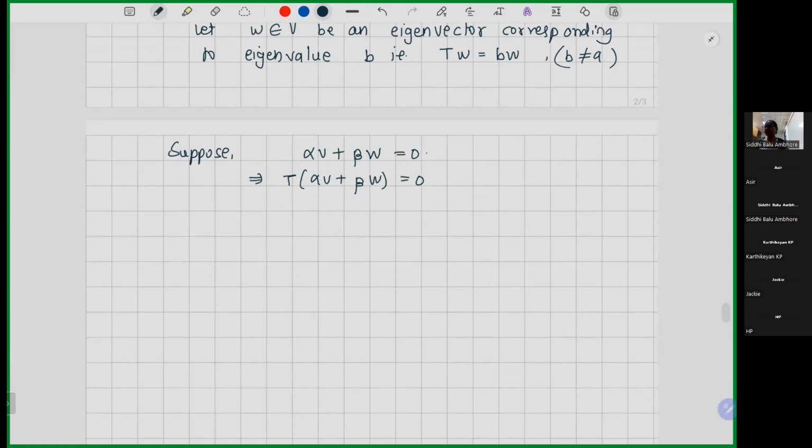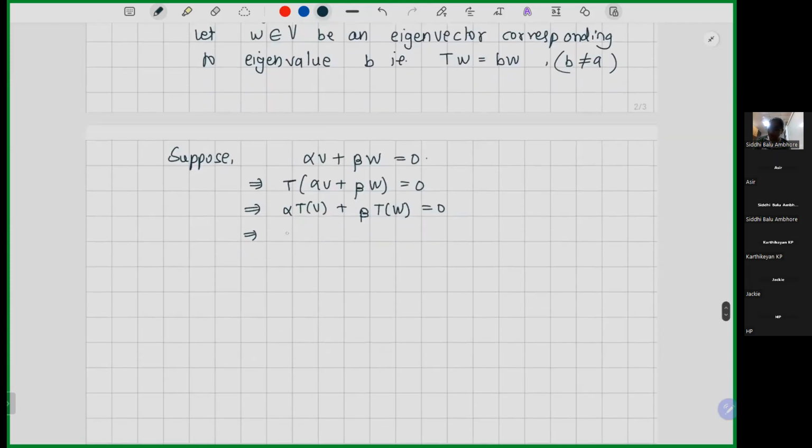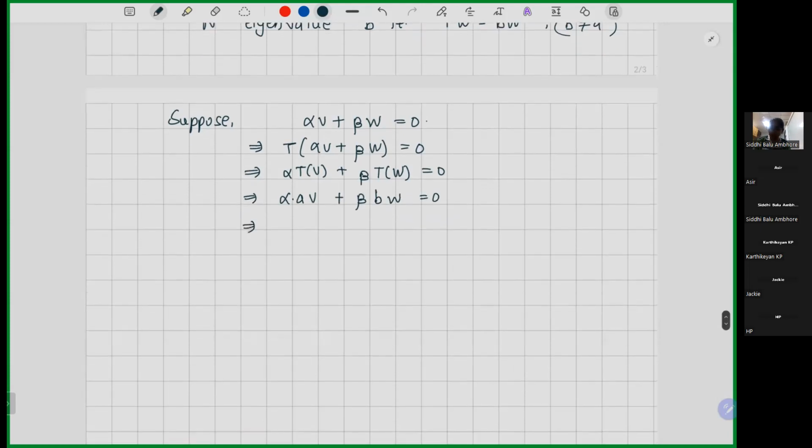So this gives alpha Tv plus beta Tw is equal to 0. And since we know what Tv and Tw are, it is alpha A v plus beta B w.